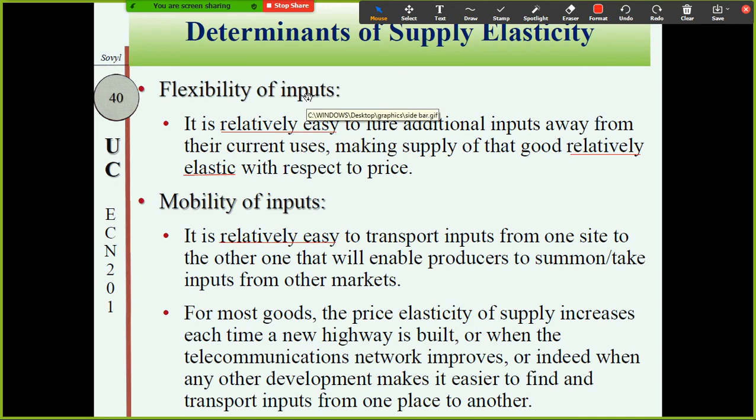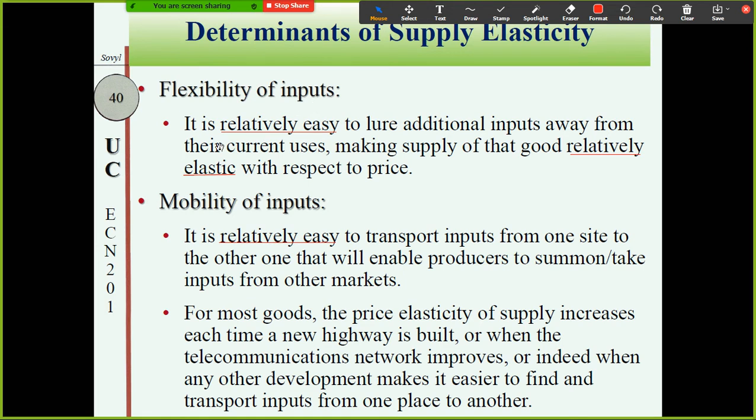One is input, the other is time. In terms of input, we have three conditions. One, flexibility of inputs. Because we're talking about supply, we're talking about inputs for production. To get product to supply, we need to get input.